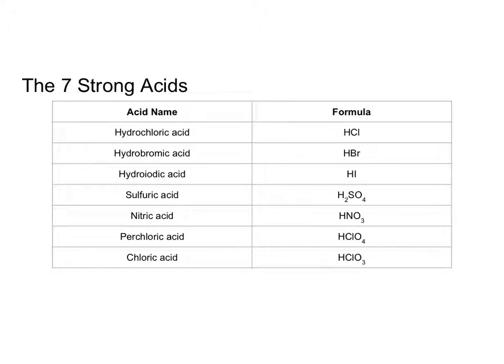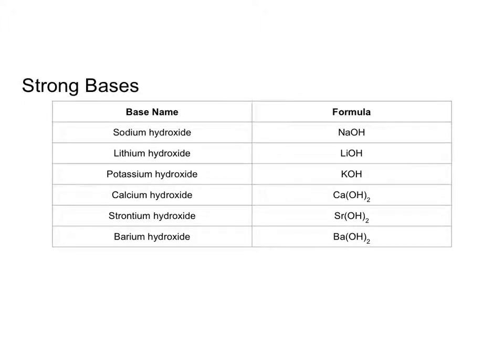Now, there are also strong bases, and the issue with the strong bases is that there's actually not just 7 strong bases, there's kind of a lot of them, but I'm gonna give you some of them right now so that you're familiar with them a little bit. So sodium hydroxide, lithium hydroxide, potassium hydroxide, calcium hydroxide, strontium hydroxide, barium hydroxide.